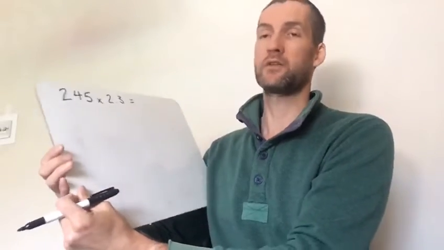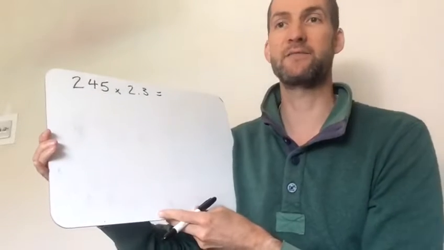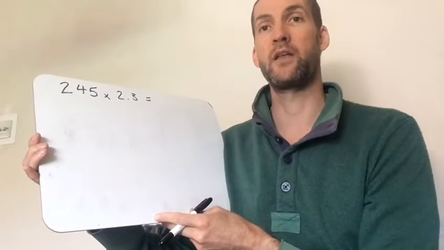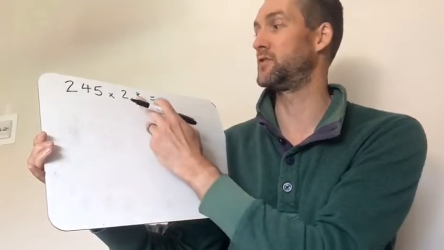Now, we're going to multiply using decimal numbers. And like I said in class, children, don't worry about decimal numbers. Don't be afraid of them. You're doing exactly the same as you are when you're doing long multiplication. The only difference here is that you've got a decimal point.